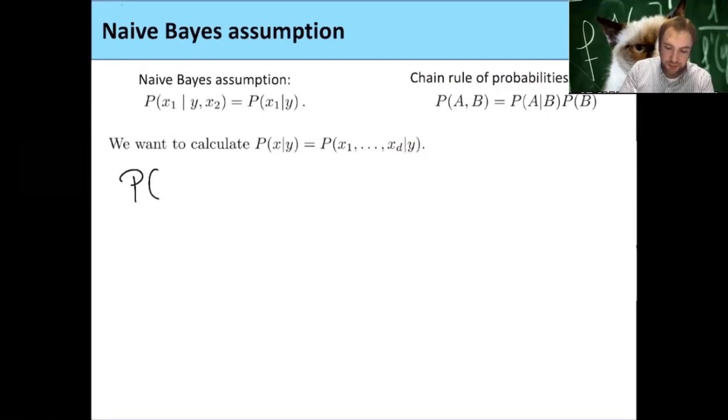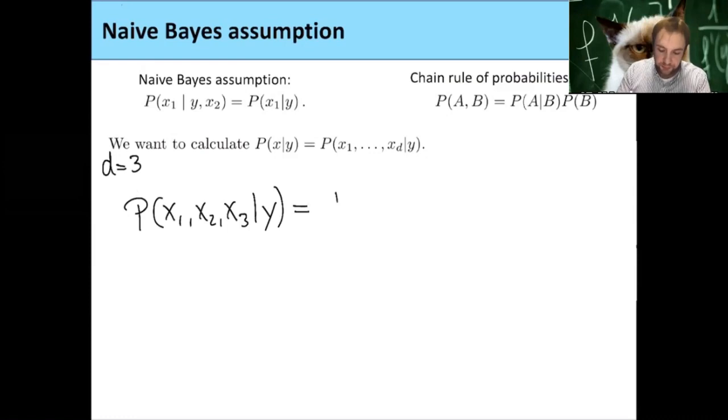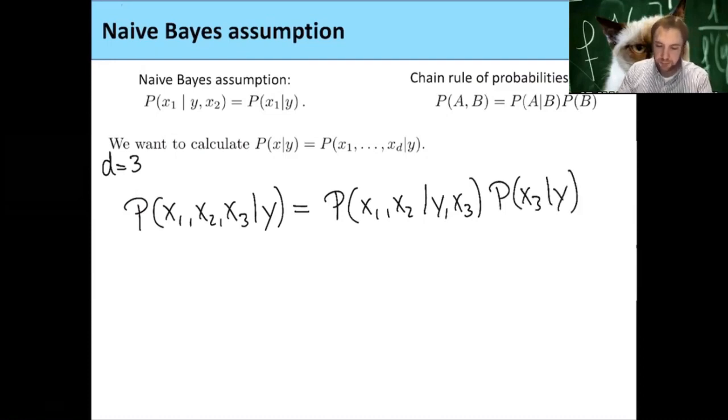I will do this with just one example. So let's assume the case d equals 3. So let's say we have a dictionary with 3 words, and I want to calculate this here. Then by the chain rule, this is the same as p(x1, x2 given y and x3) times the probability of x3 given y. It's a little bit of an extension of this rule here, but this is the chain rule.